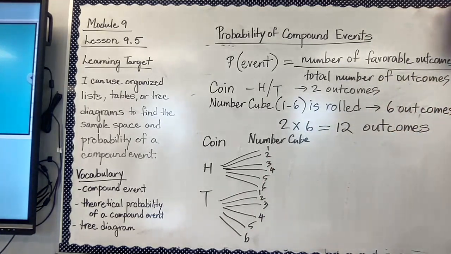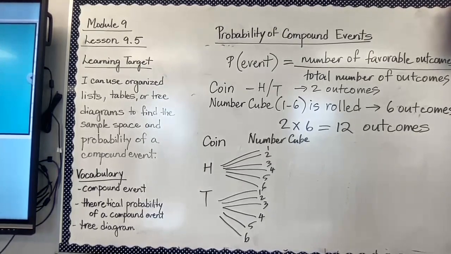Okay, so now let's talk about what the tree diagram shows: the sample space and identifies the outcome of tossing tails. So let's talk about what happens when I toss tails followed by rolling a 6. So my question again, a coin is tossed, then a number cube labeled 1 through 6 is rolled.